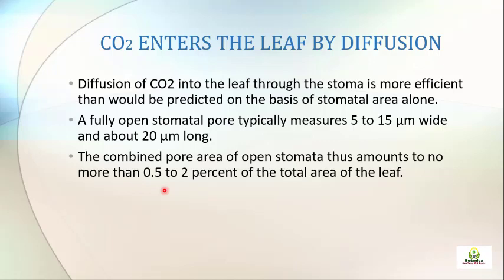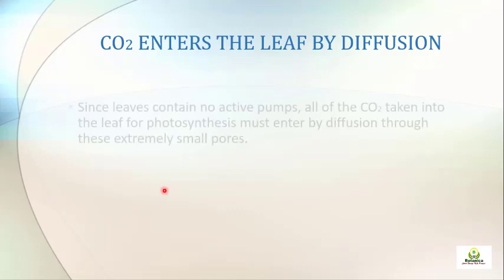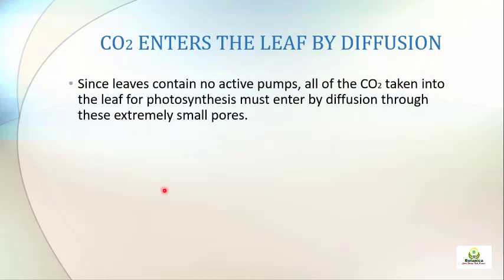So explaining the movement of carbon dioxide entirely by the stomatal area is not possible. There are some other factors which are also responsible for the movement of carbon dioxide. Since leaves contain no active pumps, you have studied active and passive transport.